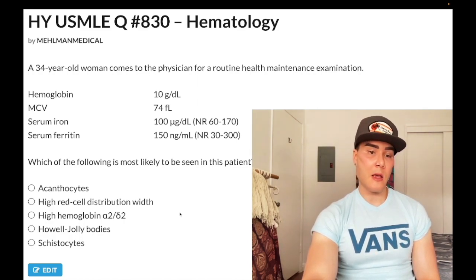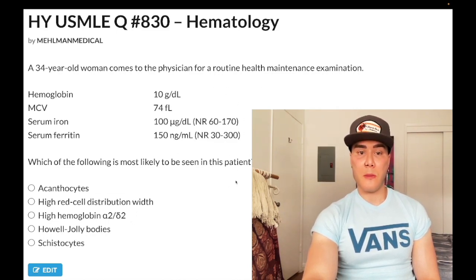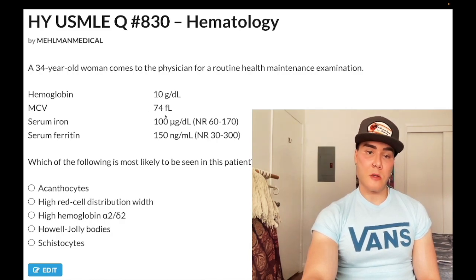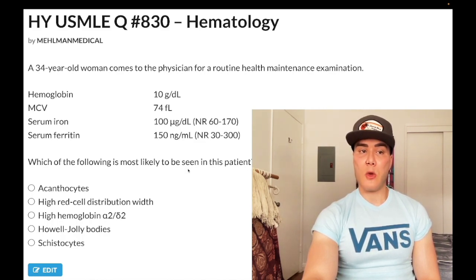Choice C, high hemoglobin alpha 2 delta 2, also known as hemoglobin HbA2, correct answer. Okay, so diagnosis here is thalassemia, where we have a microcytic anemia despite a normal iron and ferritin. Now, what's going to happen is on USMLE, they can present thalassemia in a couple ways. You can't rely on target cells as a crutch. Okay, it's too easy.